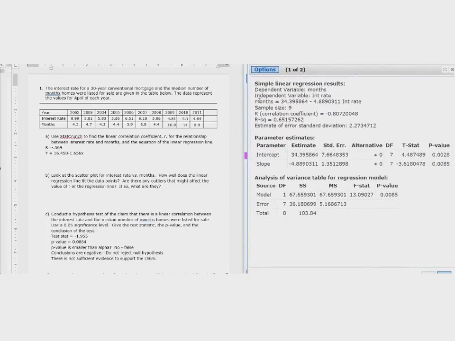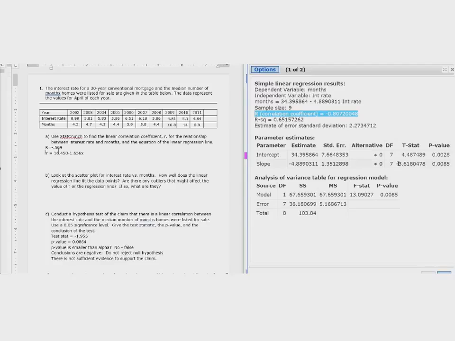So here's our regression equation. Our correlation coefficient this time is quite a bit higher. Before it was negative 0.569, and this one it's negative 0.807. So it's closer to negative 1, which means it's a better relationship.